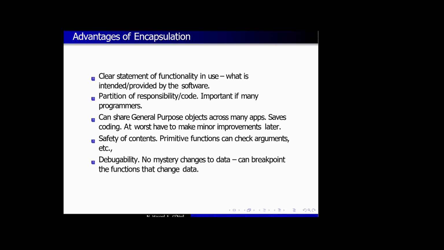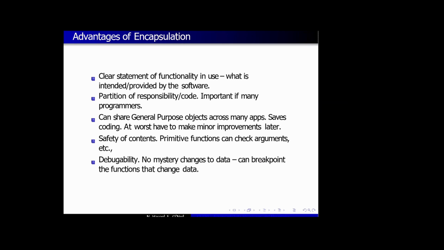Okay. So once you have an API, then you can use them in more different ways. We're always trying to reuse code, and we don't reuse as much as we would like, but still it's a goal. Another thing is that it makes the contents more safe if you have to go through the API to change them, and that's really important in debuggability.